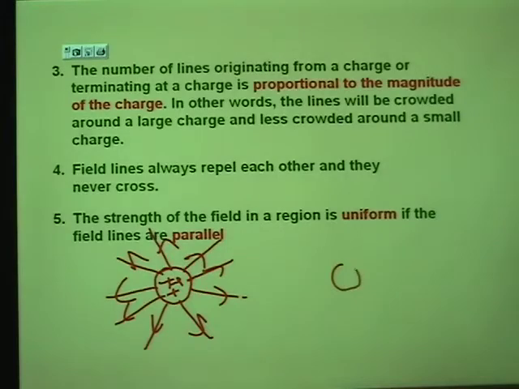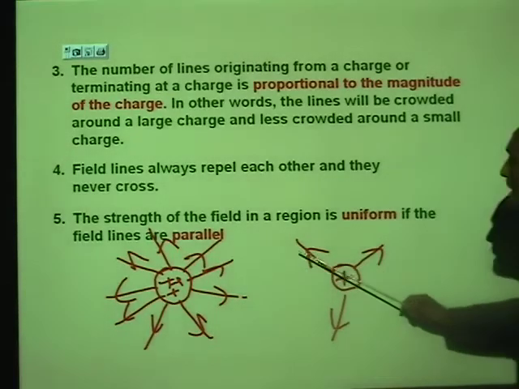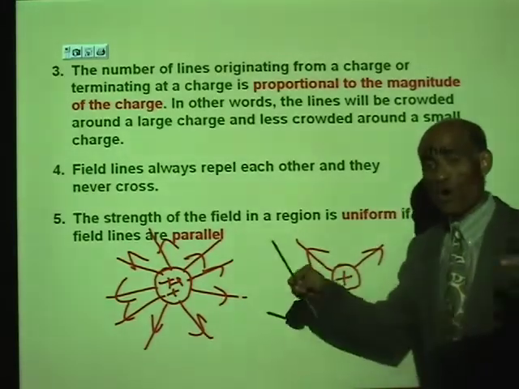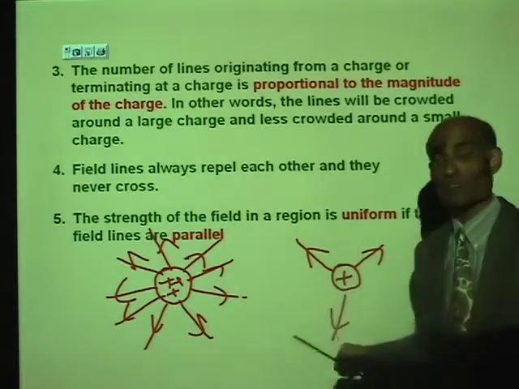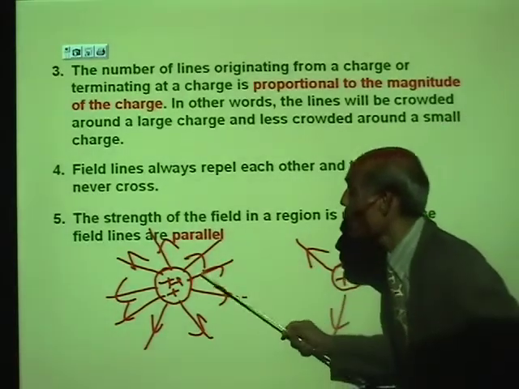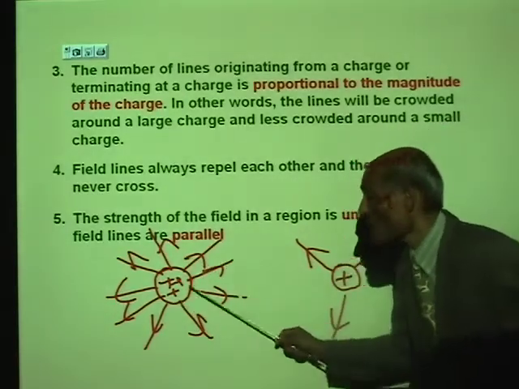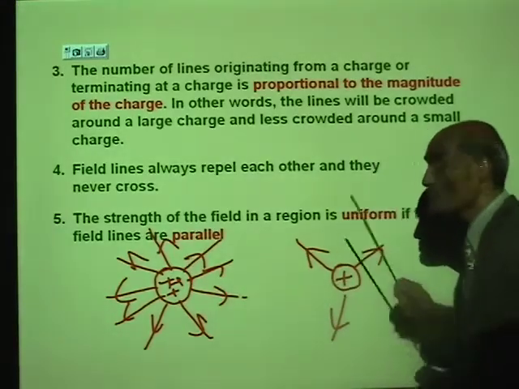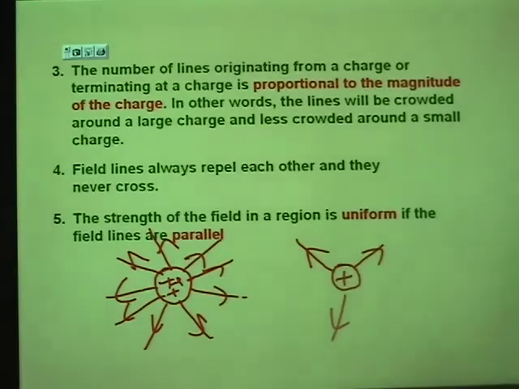On the other hand, if I have here a very small charge, there will be only few lines originating from it. So the number of lines of force either originating from a charge or terminating, if it is negative, is an indication of the amount of charge. This is a greater amount of charge and this is a smaller amount of charge. Okay.